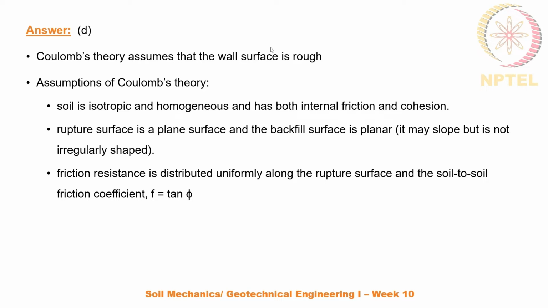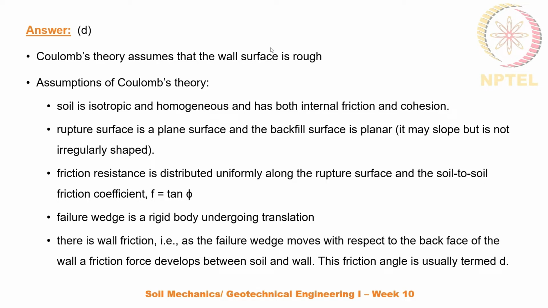That is, it may be sloped, but it is not irregularly shaped. That was the assumption considered. Then, third assumption was the friction resistance is distributed uniformly along the rupture surface, and the corresponding soil to soil friction coefficient is given by tan phi. Fourth assumption is failure wedge is a rigid body undergoing translation.